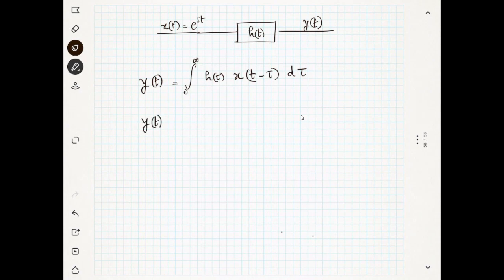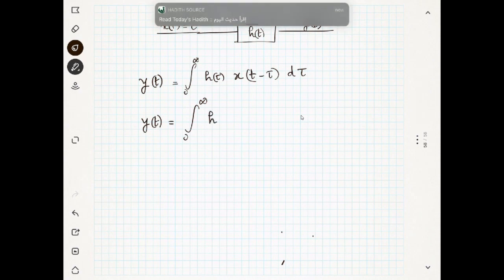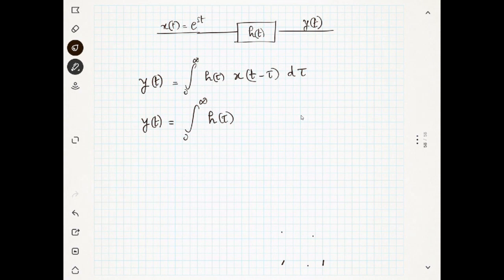So y of t will be equal to the integral from 0 to infinity of h of tau times x of t minus tau. What is x of t minus tau? e power s into t minus tau. Do you agree with me? d tau. So you can see here the integral 0 to infinity h of tau, e power s t multiplied with e power minus s tau d tau.